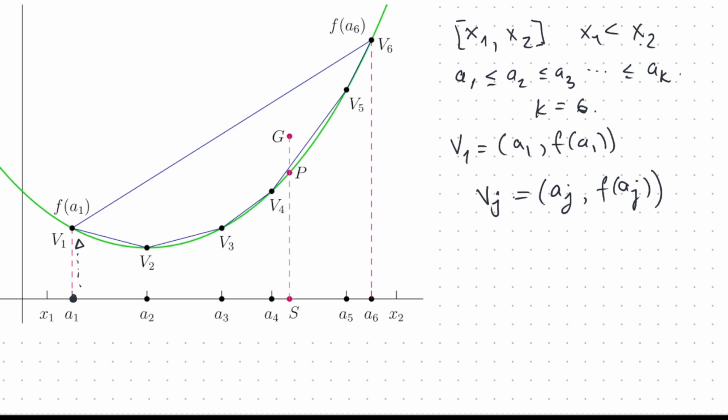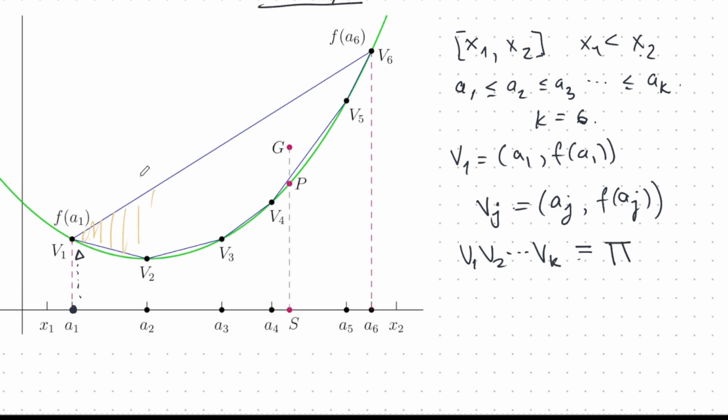And notice that V1, V2, up to Vk, in our case k is 6, this is our polygon, pi. I will shade it in and then erase the shading because I don't want to screw up my diagram, but you can see the polygon sides here. It's clear for some of these. They're all straight lines.